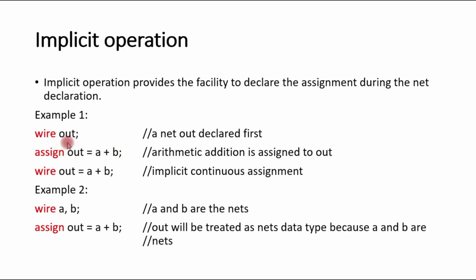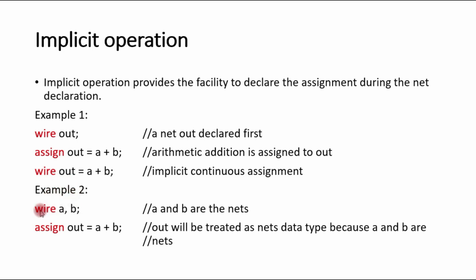This overall expression can be written as wire out equal to a plus b. It means the out variable is a net data type by using this keyword, and it is an arithmetic operation. So this syntax, wire out equal to a plus b, is the implicit continuous assignment.